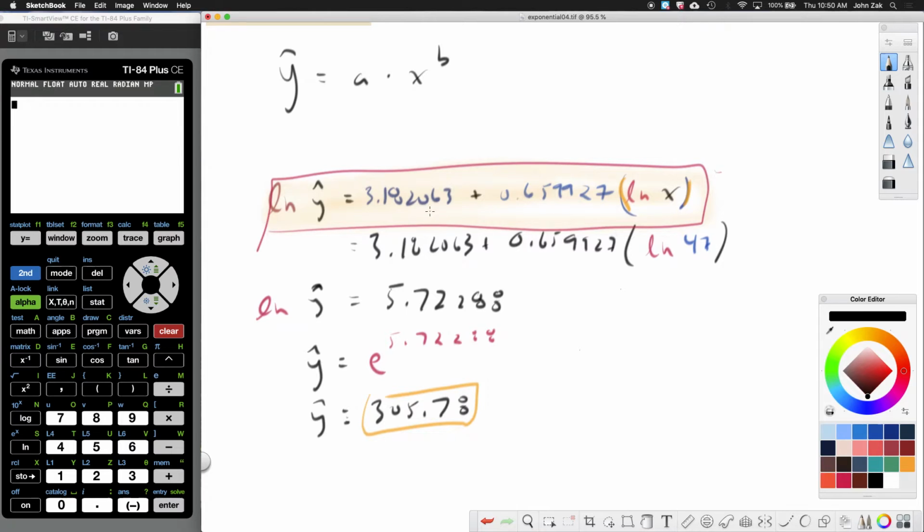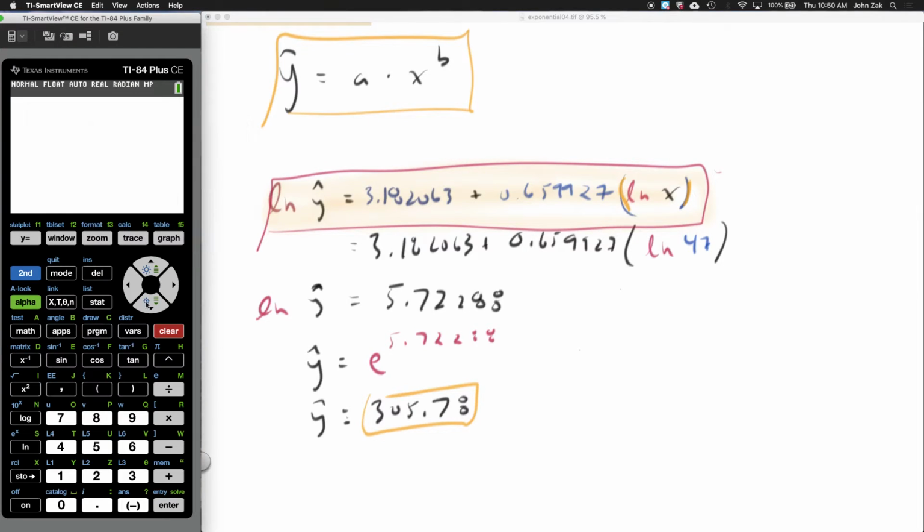So I want to do a couple of things. First, I want to show that the equation that we would get of this form is equivalent to this one, and then I'll do some stuff that's a little bit more general. Remember in our calculator that there are other types of regression. I showed you in the very first video on nonlinear models the exponential regression.